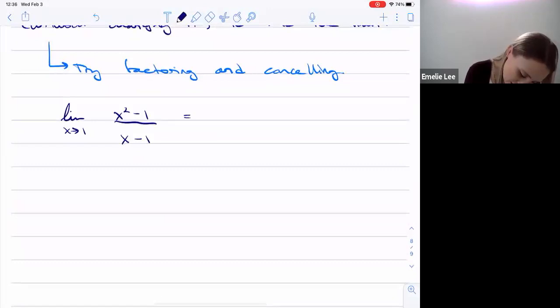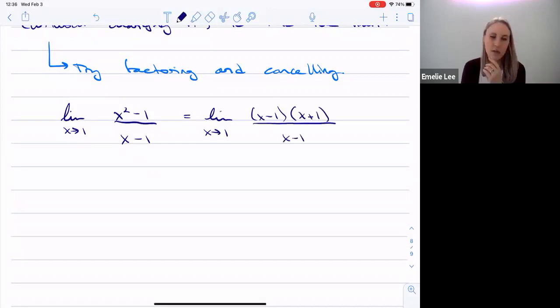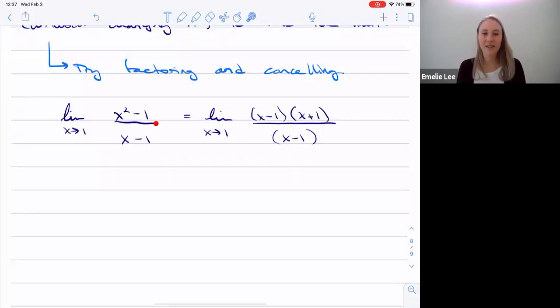So this you can rewrite as the limit as x goes to 1 of x minus 1 times x plus 1 over x minus 1. And I'll put it in brackets just to emphasize that they're the same, x minus 1 over x minus 1. I don't want you to be disheartened by this, because I remember feeling, oh, I didn't see that I could factor this immediately, and I don't have those special factoring formulas memorized yet.